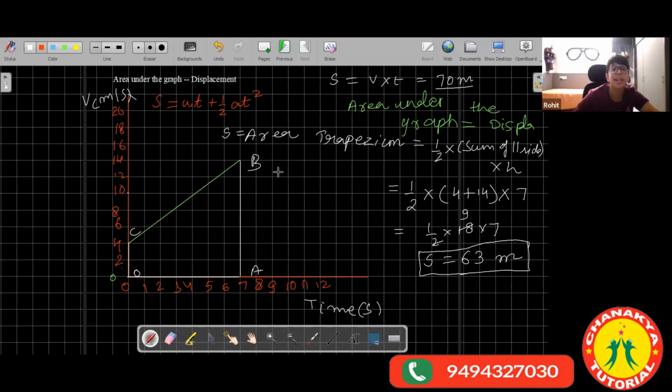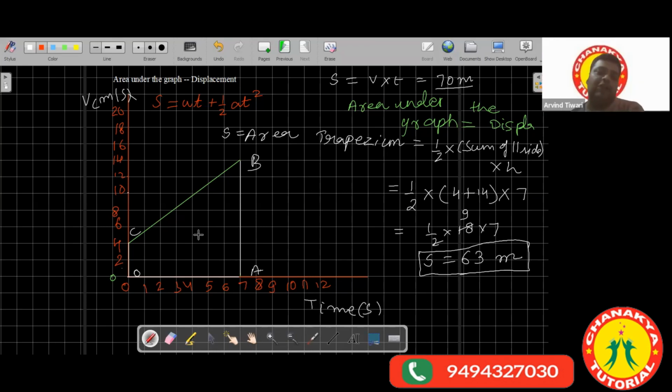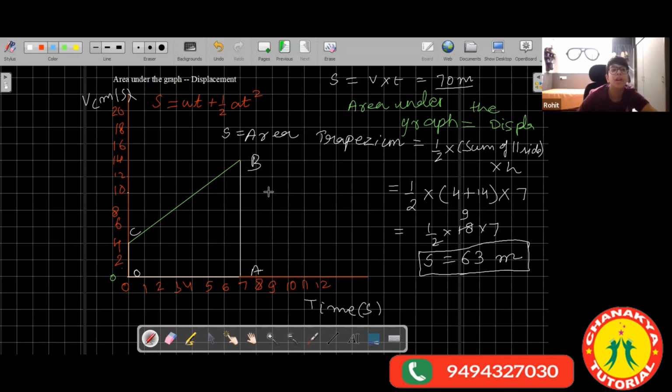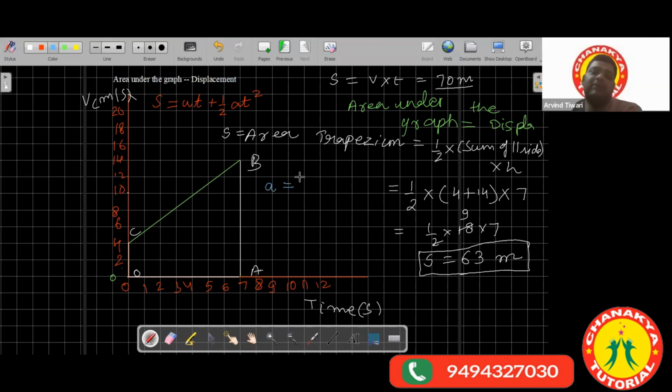Sir, can you once explain with the second equation of motion? I'm not getting the right answer. What is the value of acceleration that you are using? Sir, I'm not able to find the acceleration. Acceleration is given by either v minus u over t, or y2 minus y1 over x2 minus x1.